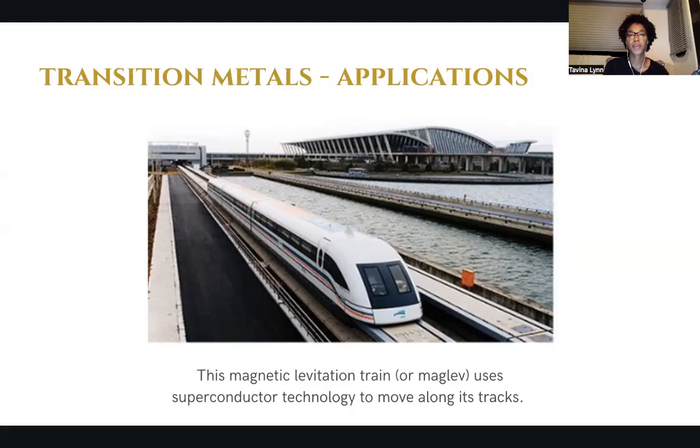I'm not sure where this train is found in the world, but superconductor technology is a really heavily studied area. And if you were to do research in this area, for example, you would become very intimately involved and engaged with transition metals.